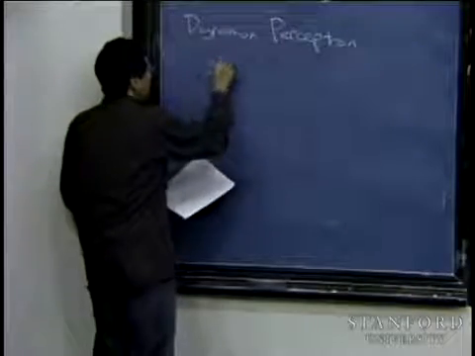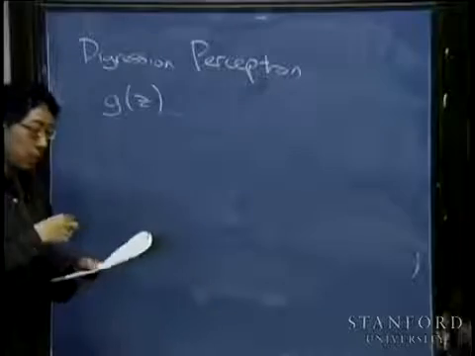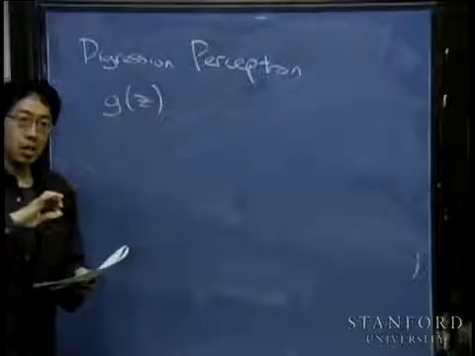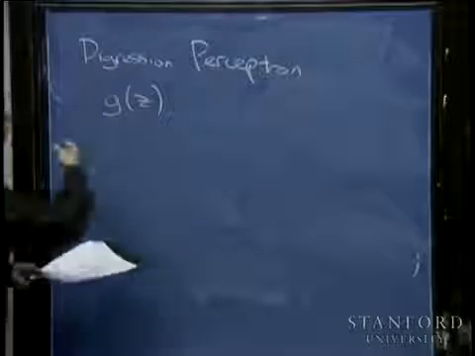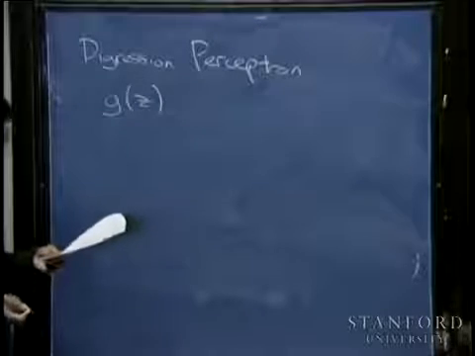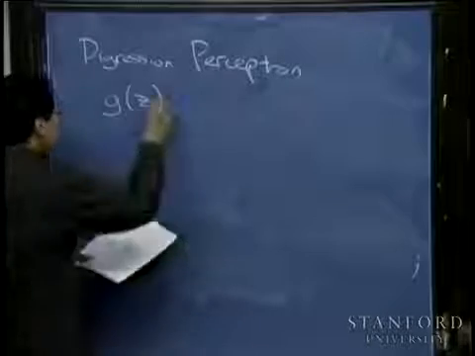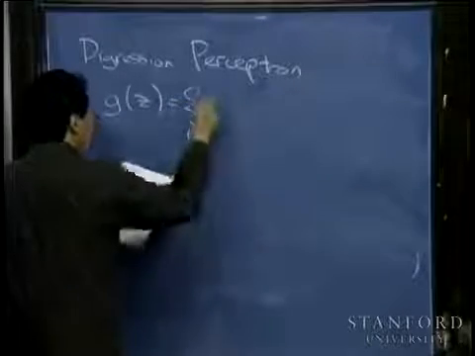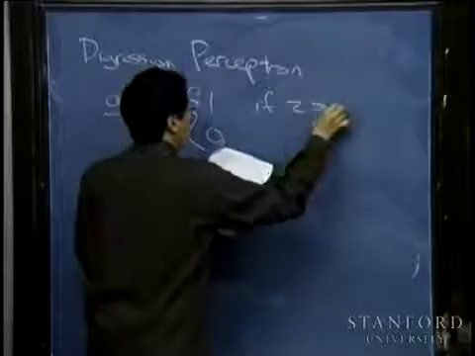In logistic regression, we said that g of z output, my hypothesis output, values that were real numbers between 0 and 1. The question is, what if you want to force g of z to output either 0 or 1? The perceptron algorithm defines g of z to be this.